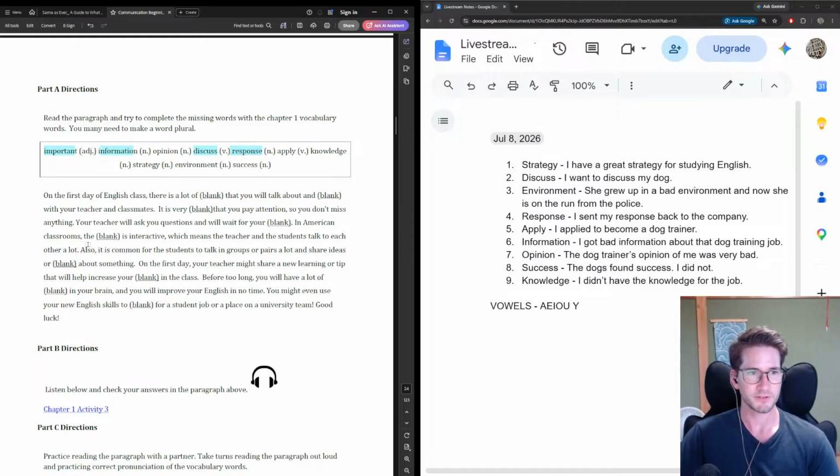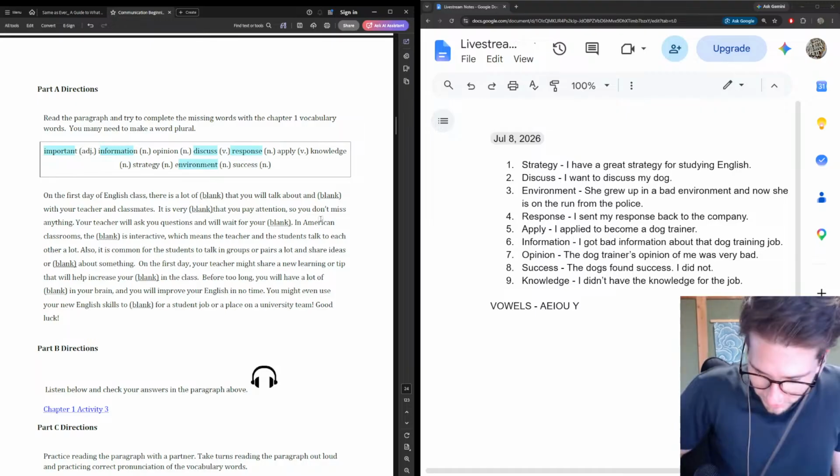In American classrooms, the blank is interactive. I'm going to say environment here. The environment is interactive. This is also the same in Canadian classrooms, of course.